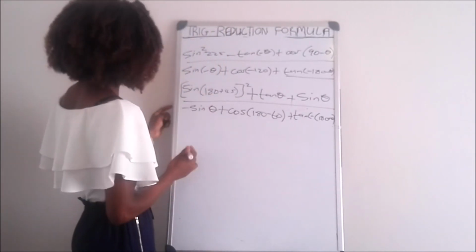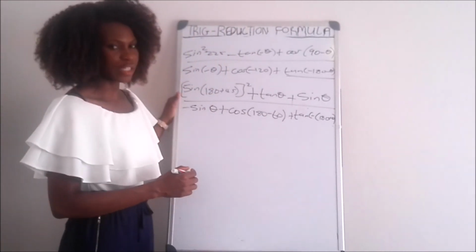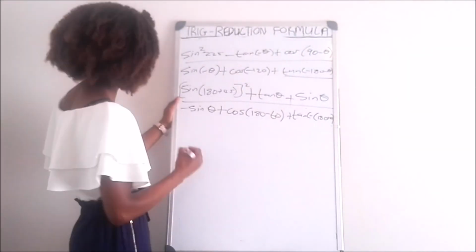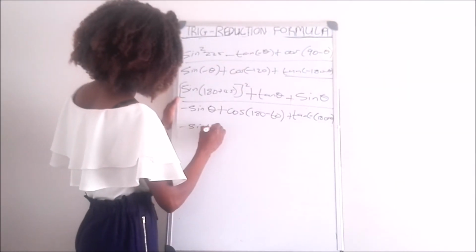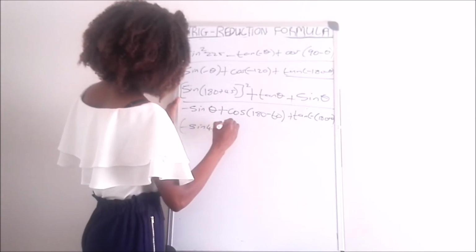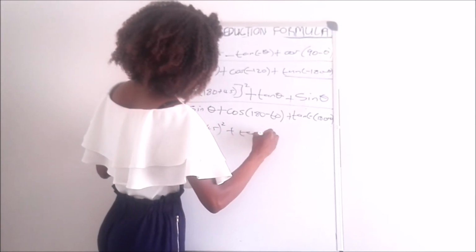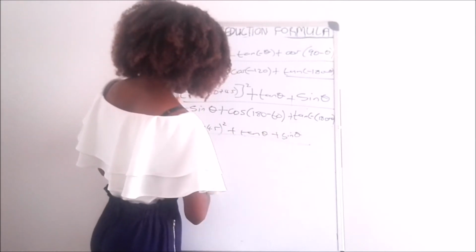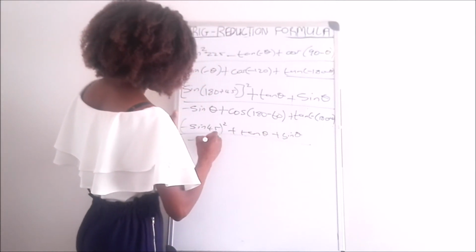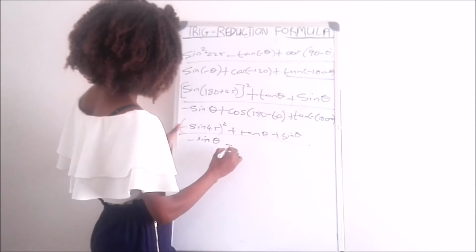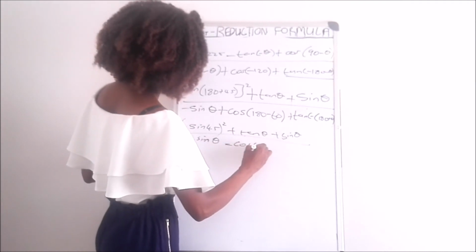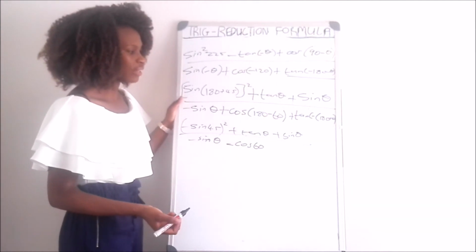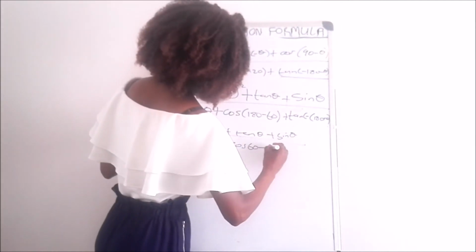Alright, then the first one here, sine of 180 plus 45 is in the third quadrant, where sine is negative. Then it will be negative sine 45 squared plus tan theta plus sine theta, divided by a negative sine theta, and then this one will be minus cos 60. And for that one, tan of a negative angle is equal to negative tan.